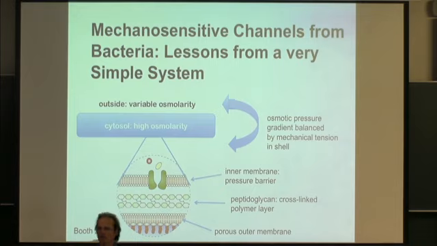In the end, this peptidoglycan layer is a cross-linked material. It's a resin, and that can take the force. It's like the layout of a bicycle tire. You have the outer tire that's there to withstand the force, and you have the inner tubing that's there to hold the air. It's the same layout here mechanically.